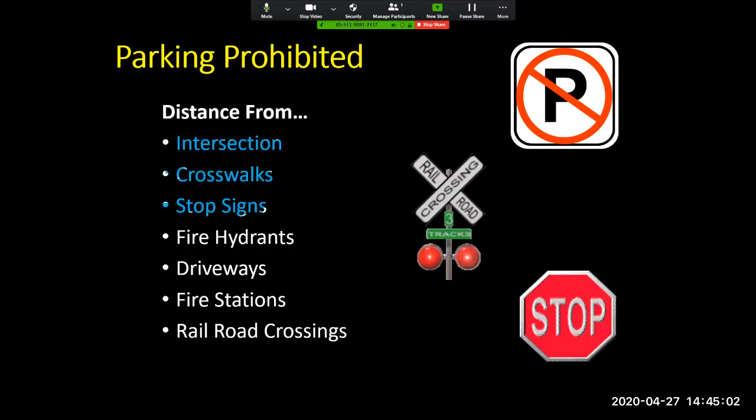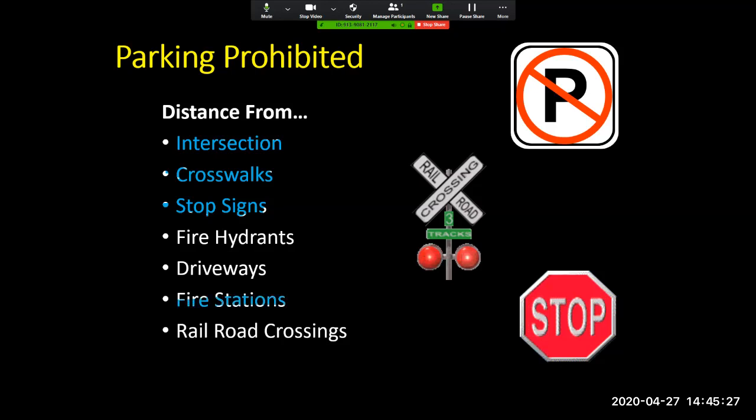Okay, we're trying to set it up so that we do all the work and prepare you to be the best knowledge wise, because if you have the best knowledge, then your skills will come with that, and you will be safe and legal and never get a citation or a ticket and never get involved in a collision. Okay, so that's something that you need to look up, is all those distances.